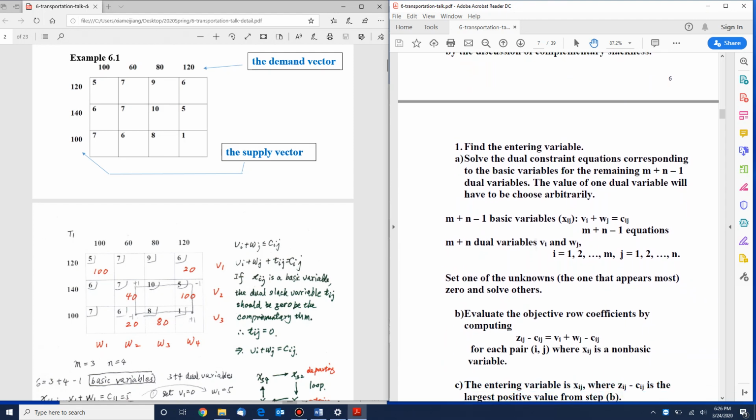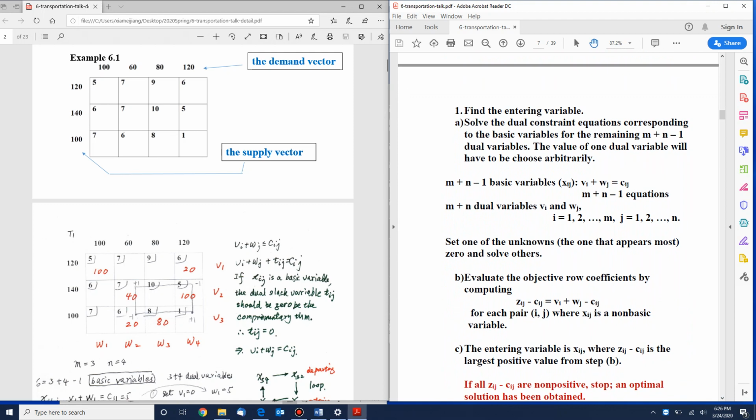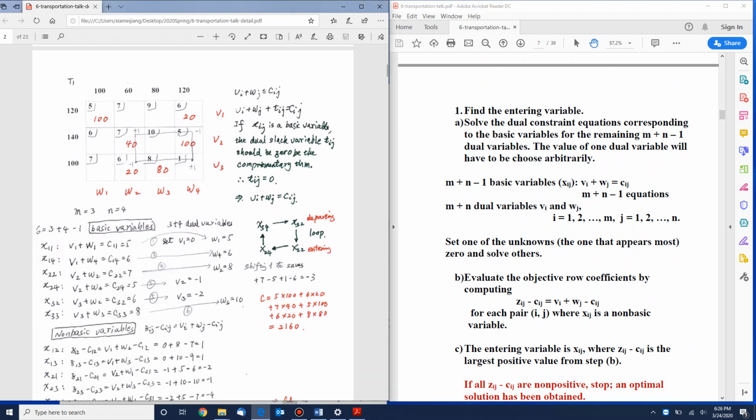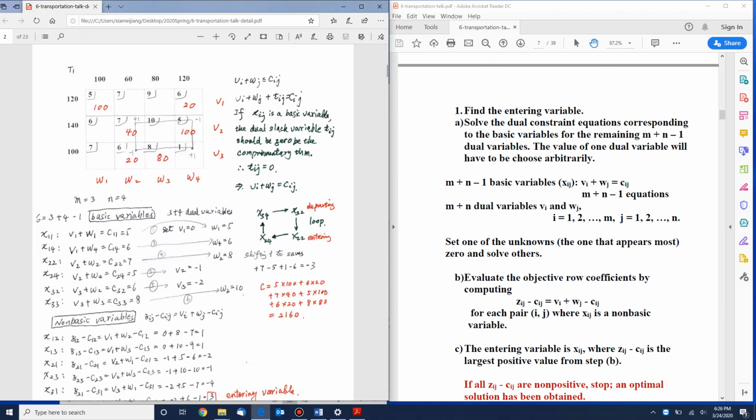Then, once we build up the initial tableau, we can easily calculate the cost. That equals what? C11 multiplied by X11 plus C12 and so on. For the others, because they are non-basic variables, they have 0 value, so we don't count them.